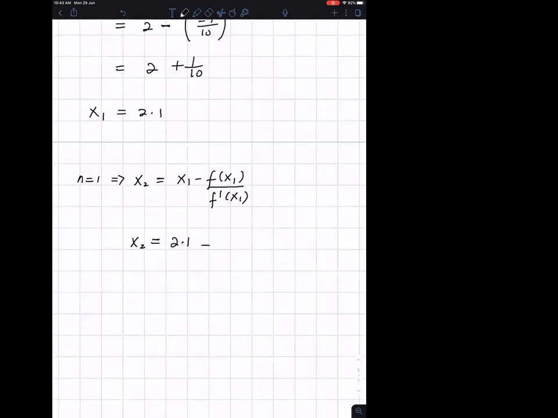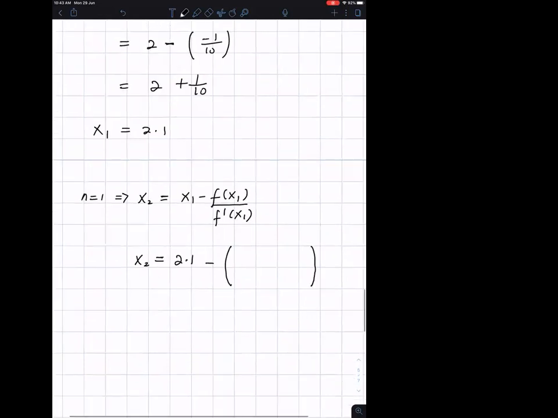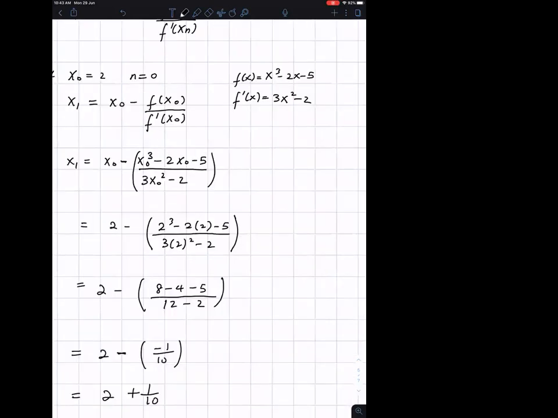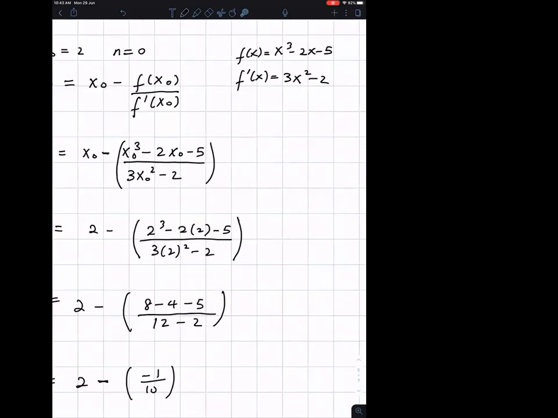So it's the same equation as before. Instead of using 2, we are now using 2.1.